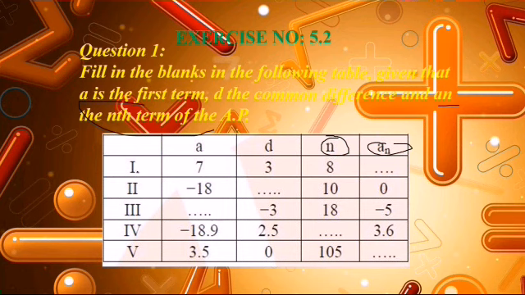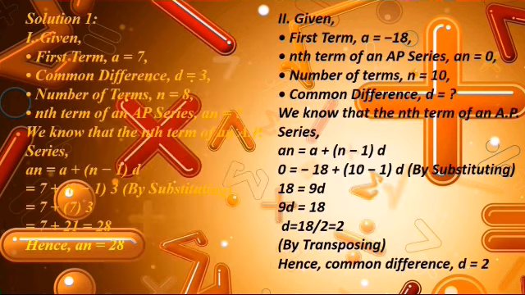So the first question here: a, that is the first term, is 7, the common difference is 3, and the number of terms is 8, and we need to find the nth term. So let's solve it. The nth term of the series will be a plus n minus 1 into d, as we know the formula.